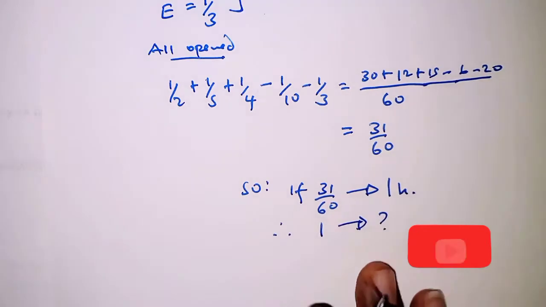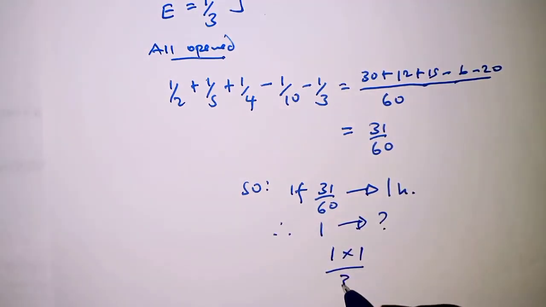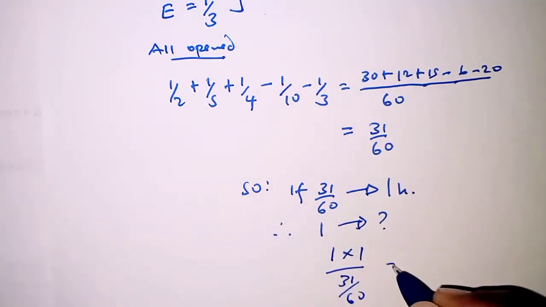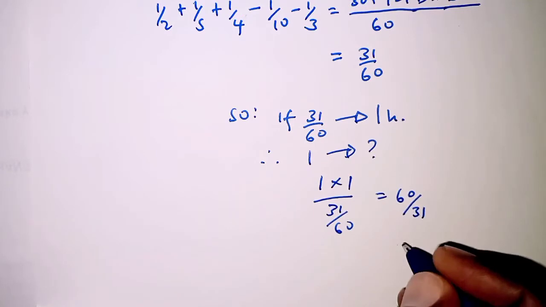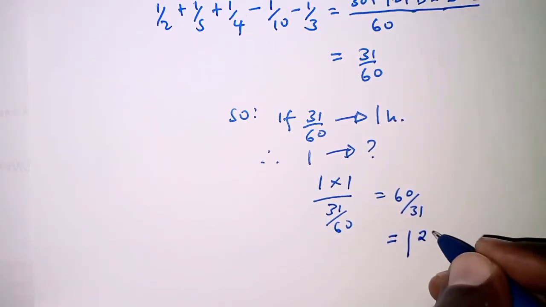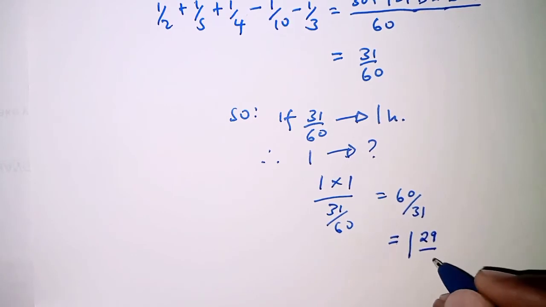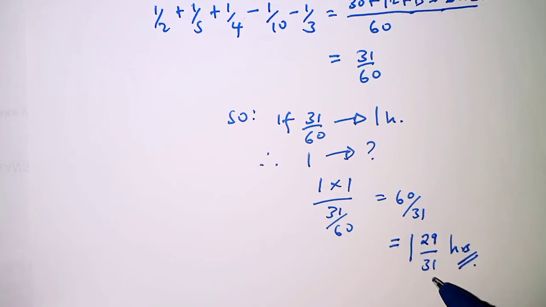So cross multiplying, we will have 1 by 1 over 31/60, and this is simply 60/31, and that finally gives us 1 29/31 hours. So that is the time taken by all the taps to fill the tank.